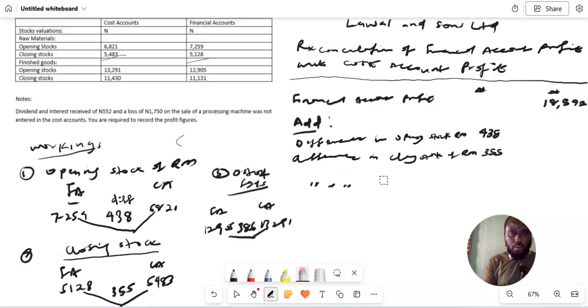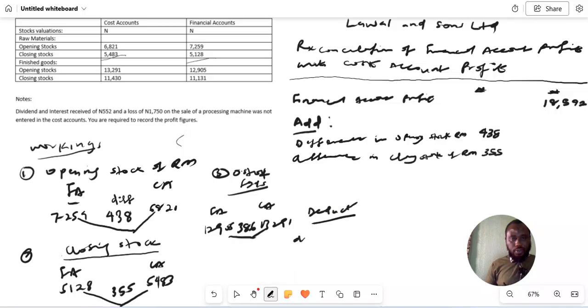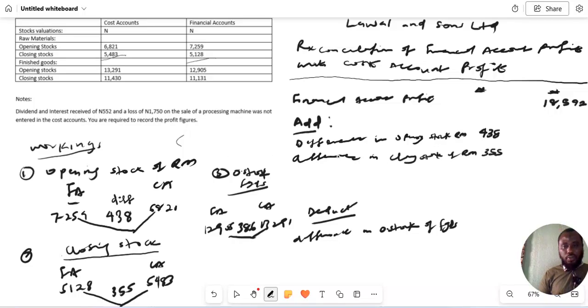So let's do that back again. So we have deduct: difference in opening stock of finished goods, 386. Okay, so let us look at the next one.